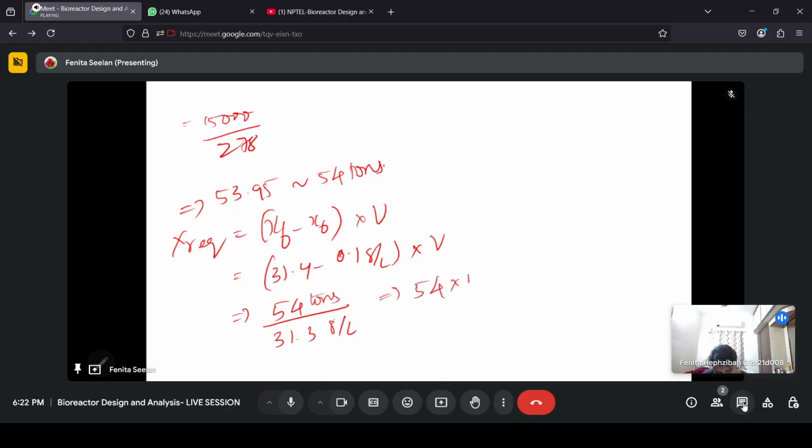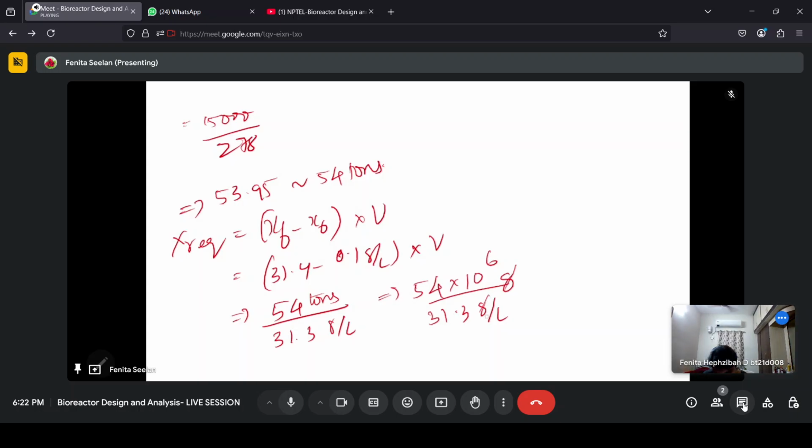Converting it into grams for easier understanding, should be 1.72 into 10 to the power 6 liters. So we know that 1 meter cube is 10 to the power 3 liters. We want the answer in terms of meter cube, so the answer would be 1.72 into 10 to the power 3 meter cube.